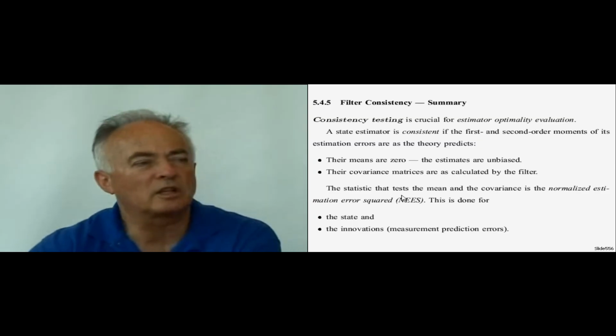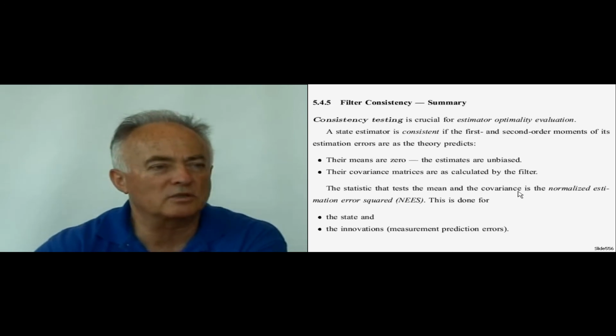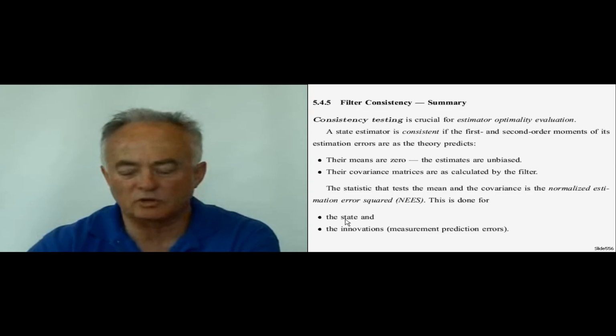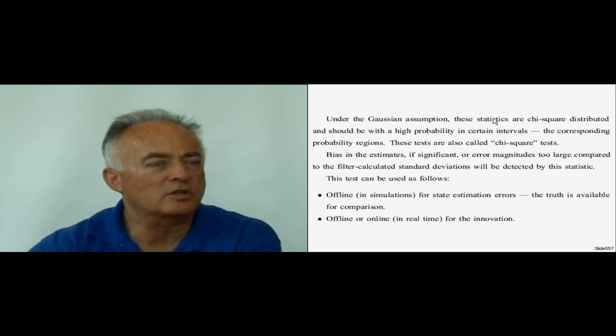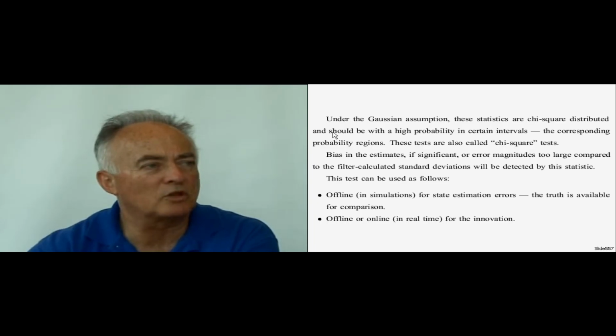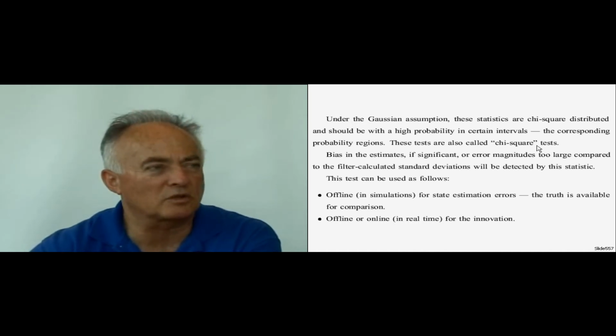The statistic that tests the mean and the covariance is the normalized estimation error squared, NEES. It can be done for the state, and it can be done for the innovation. Then we call it normalized innovation squared. Under the Gaussian assumption, these statistics are chi-square distributed and should be with a high probability in certain intervals, the corresponding probability regions, and because they are chi-square, the tests are also commonly called chi-square tests.